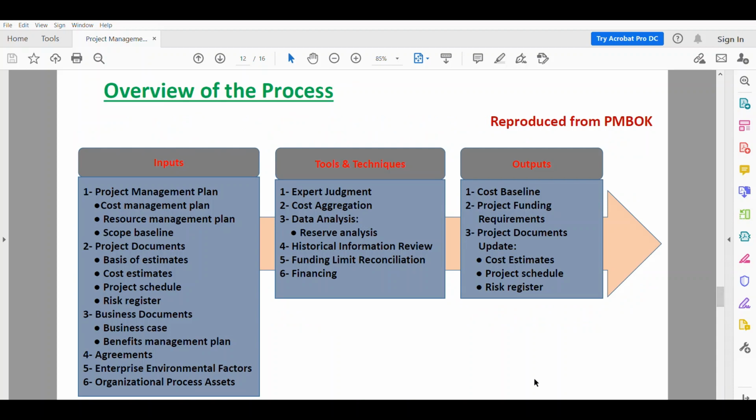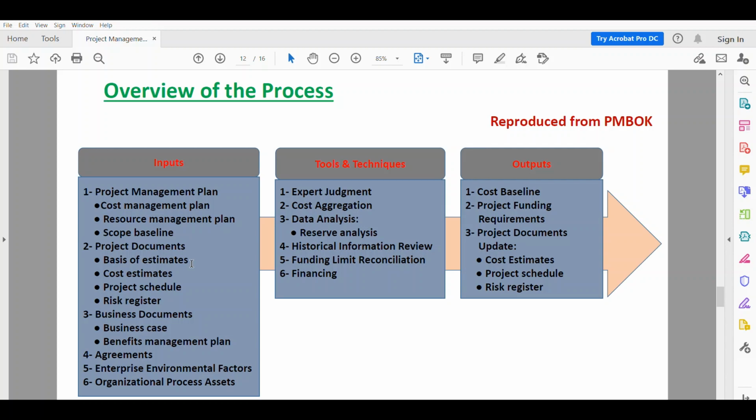Okay, and these are the inputs of this process. So the inputs are the project management plan, and three sections of this project management plan, which are the cost management plan, which we did in the first process, and the resource management plan, and the scope baseline. And the project documents: the basis of estimates, cost estimates, project schedule, and risk register.